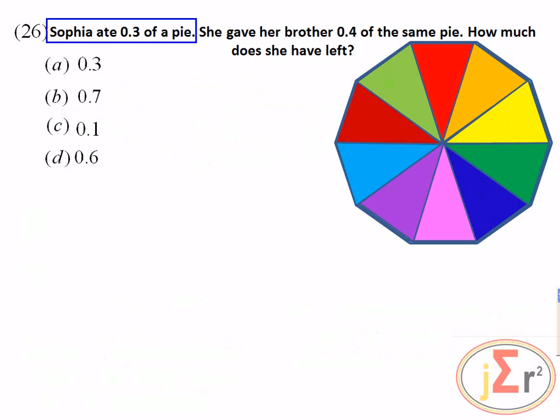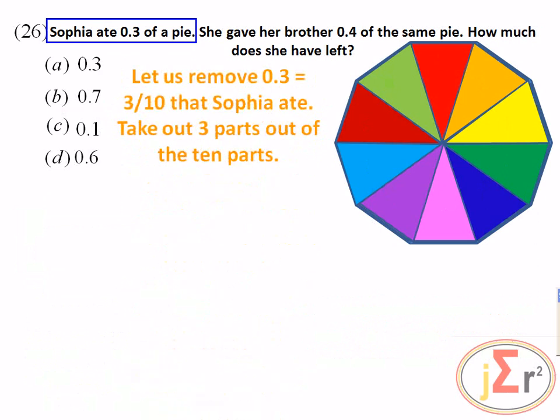So Sophia ate 0.3 of the pie. And what is 0.3? 3 tenths. Right. I'm happy to hear Jerry saying 3 tenths instead of just 3 over 10, because we are talking about tenths as the number of equal parts that we have here, and 3 telling us the number of those equal parts that we are talking about.